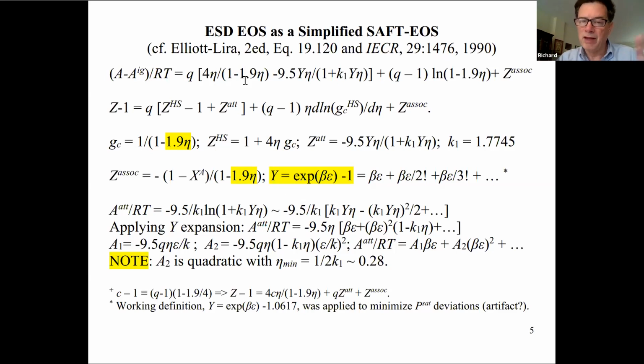And so at its basic level, what the ESD equation is telling you in the SAFT format is you take this quantity Q, which SAFT calls M, okay, it's different letters for the same thing. You multiply it by your repulsive and attractive term. So this is the complete equation of state for the square well fluid. Okay, so you just scale your spherical equation of state times this Q.